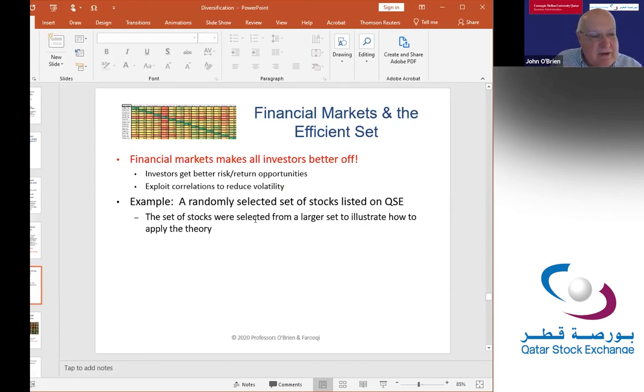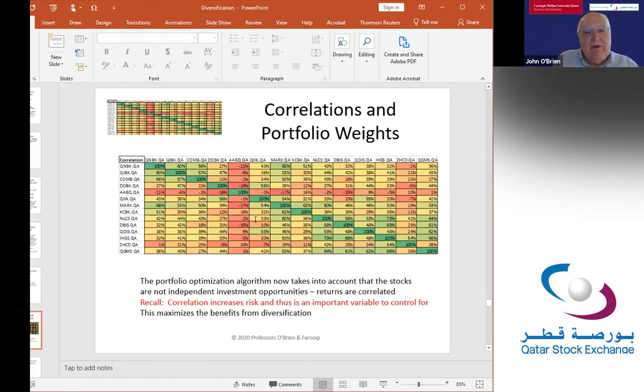I'm not recommending these stocks in any way. I've just pulled a set of stocks because we're not about recommendations today. But we want to know first what Markowitz is going to work on. He's going to work on the fact that stock returns are related. They're not independent of each other. They do move together.